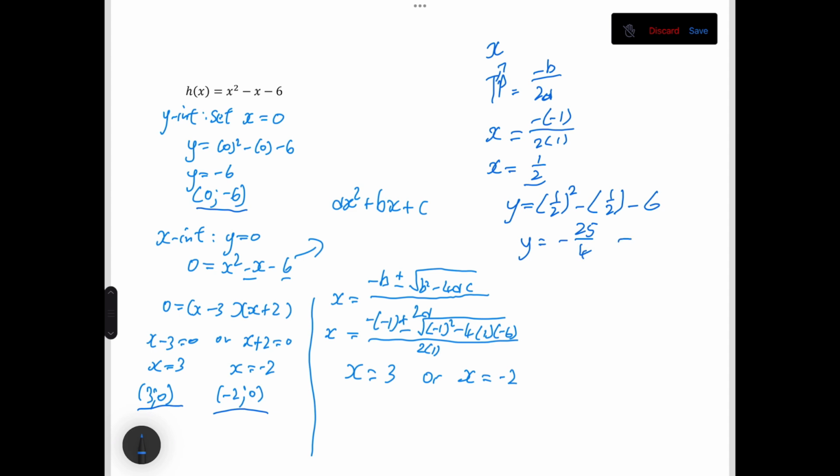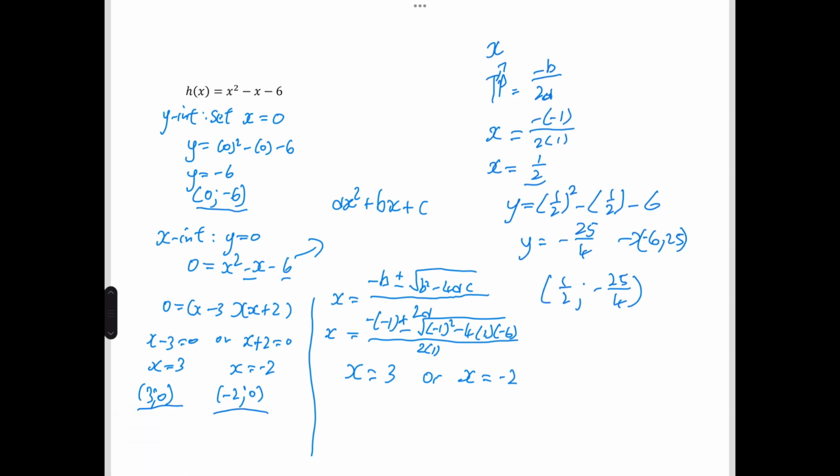It can also be written as -6,25, just so that you can judge with your eye if the graph that I've drawn here is going to be correct. So that's our coordinates, a half and -25 over 4.